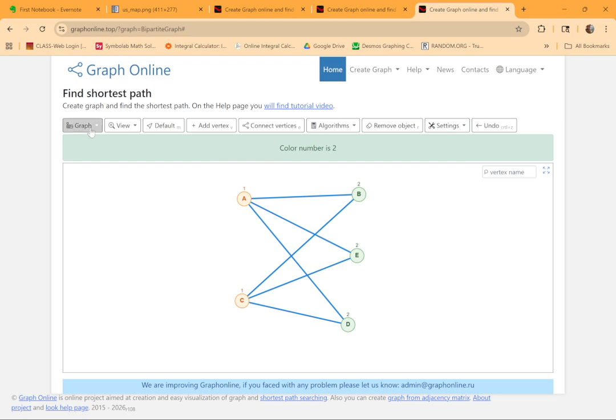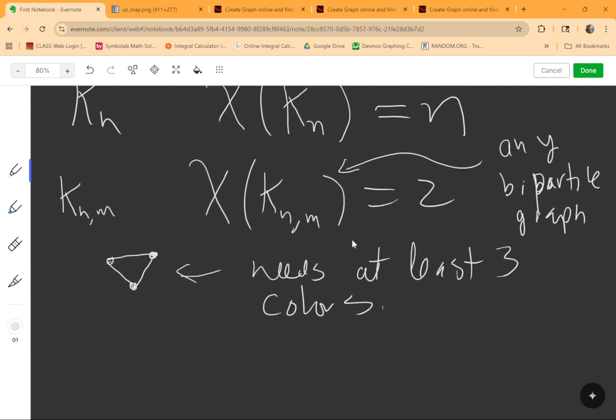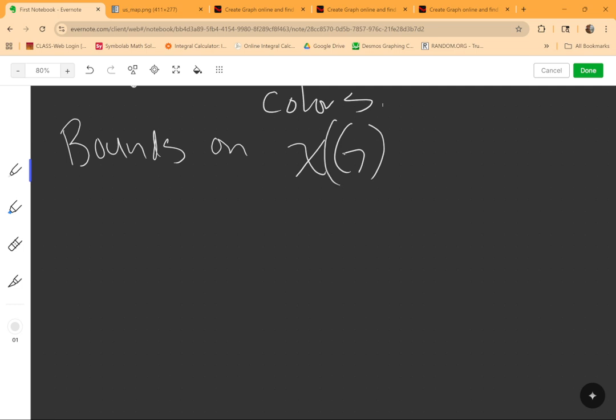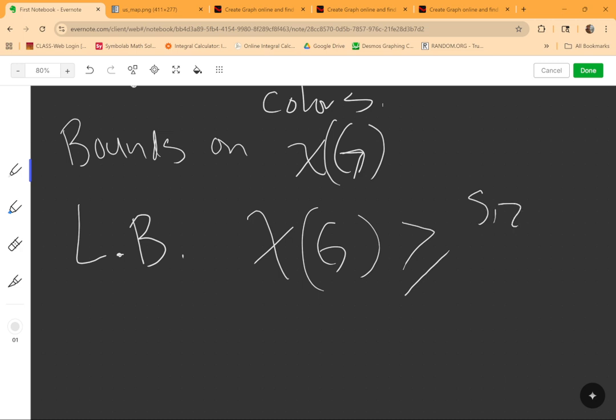In general, there are bounds on the chromatic number, chi of G. For the lower bound, chi of G is greater than or equal to the size of the largest complete subgraph.